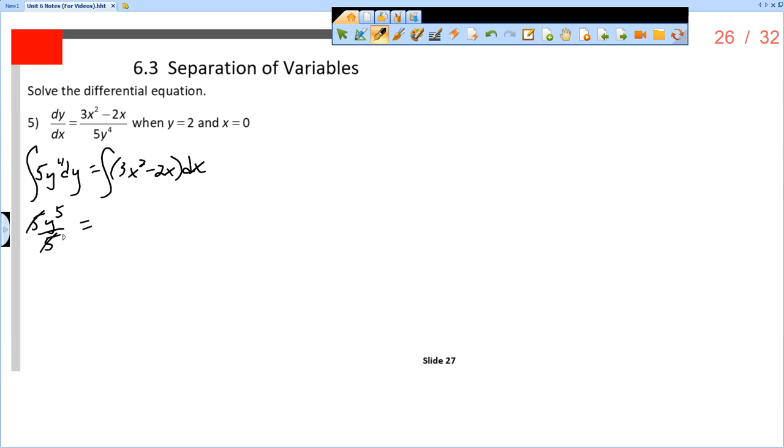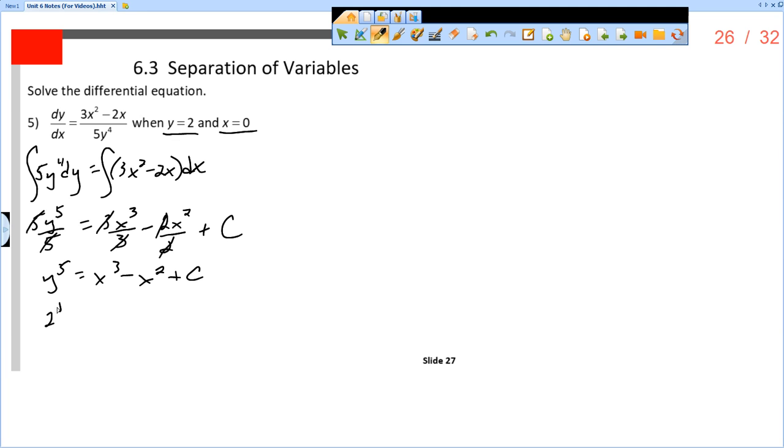So obviously the 5s will reduce. Integral of 3x squared, that's going to be 3x cubed over 3. So, of course, the 3's reduce, minus 2x squared over 2. Of course, the 2's reduce. And then don't forget to add the c. So now I have y to the fifth equals x cubed minus x squared plus c. And so now I want to use the fact that y is 2 and x is 0.